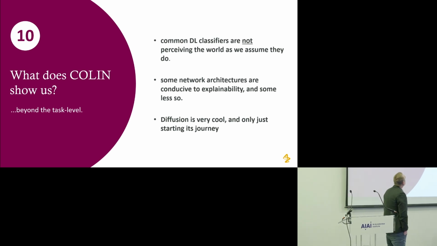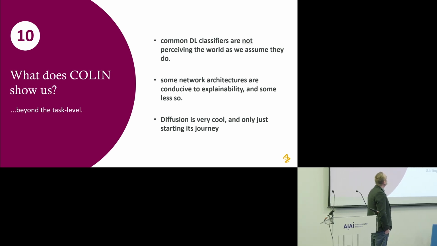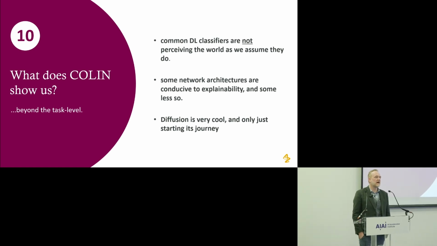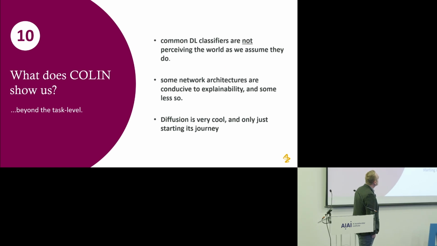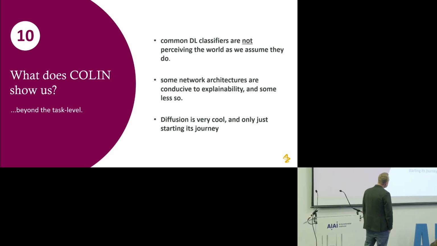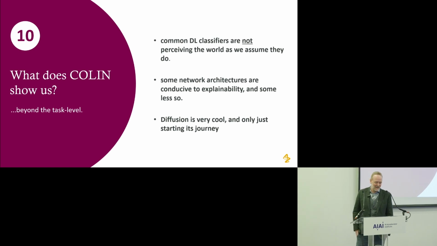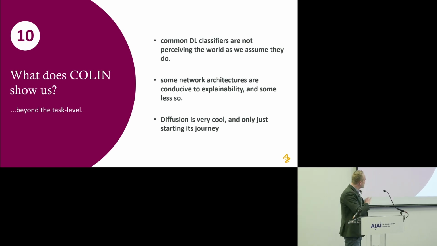I think common deep learning classifiers are not perceiving the world as we assume they are. And that's super important to know and understand and accept. Some network architectures are more conducive to explainability than others. And diffusion is a really cool, shiny thing. And I absolutely suggest everybody have a play with it.